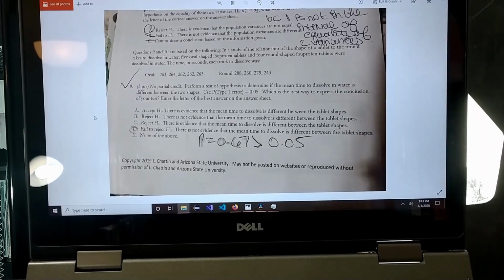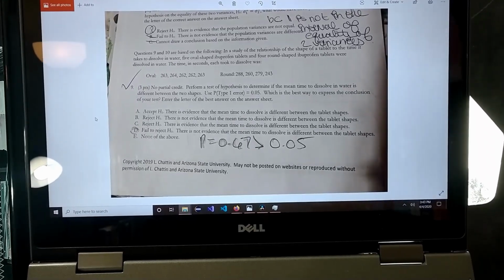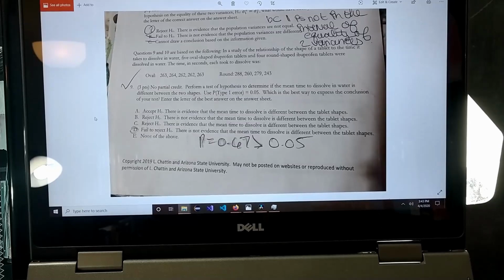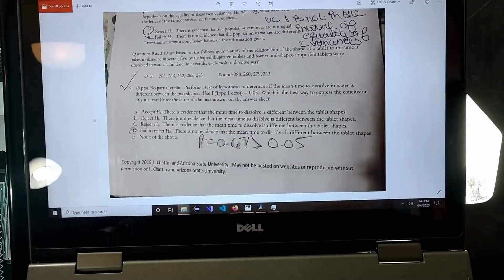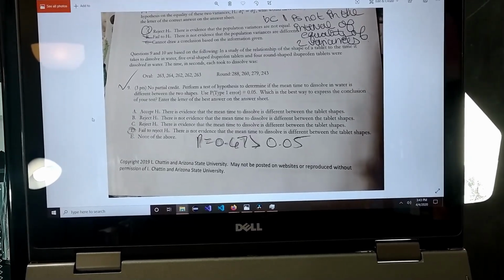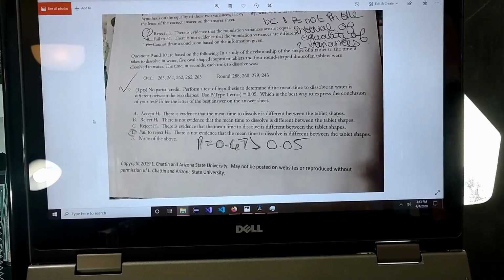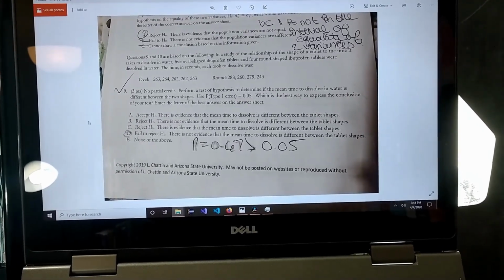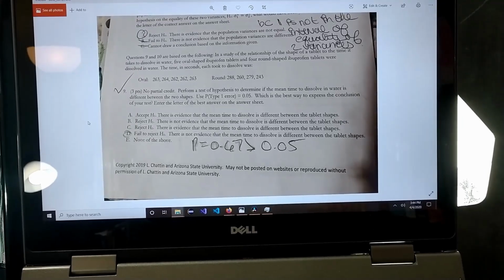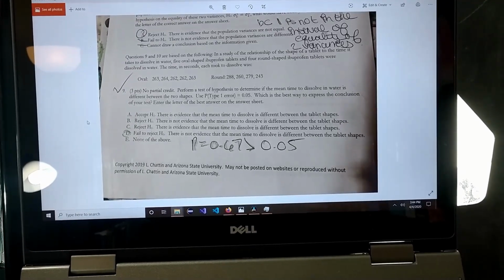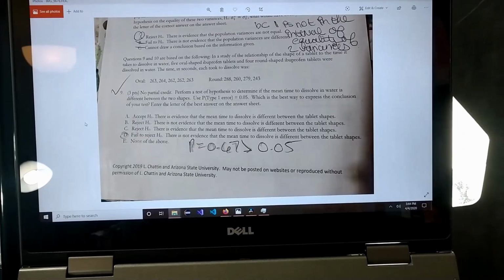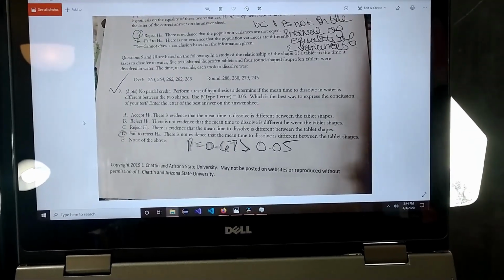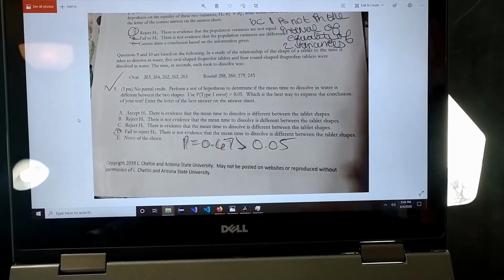Okay, so it gives us some options here, and the goal of any hypothesis test is to state a null hypothesis that a hypothesis test can be applied to. So the first option that we have is to accept the alternative hypothesis.